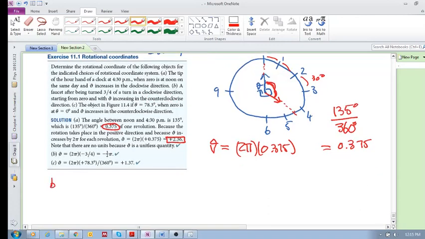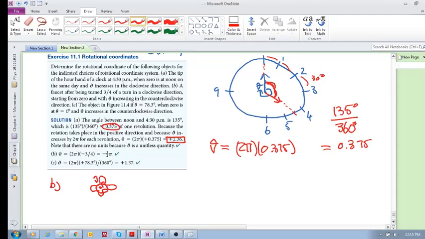So let's look at B. Let's just draw it. There's your tap. It says that the rotational coordinate increases in the counterclockwise direction. So I guess we can start anywhere. It doesn't give us a specific place where it starts, but it looks like that.